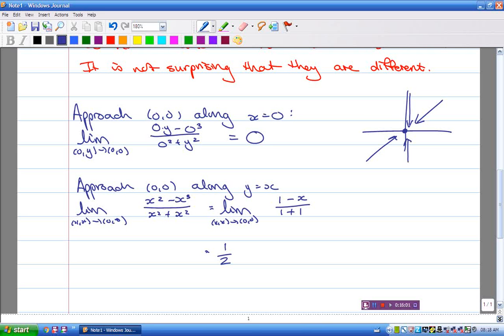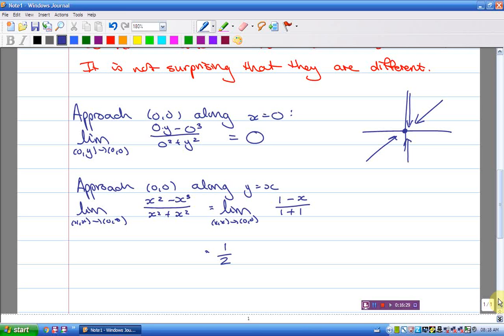That's what limits are. Limits are what you are approaching. Okay, so now we have a contradiction, because if a little ant were walking along the surface vertically over the y-axis, it would be convinced it was heading towards z equals 0, but a little ant walking along the surface over that y equals x line, or under, depending what the surface is doing, would be equally convinced it was tending to z equals a half.